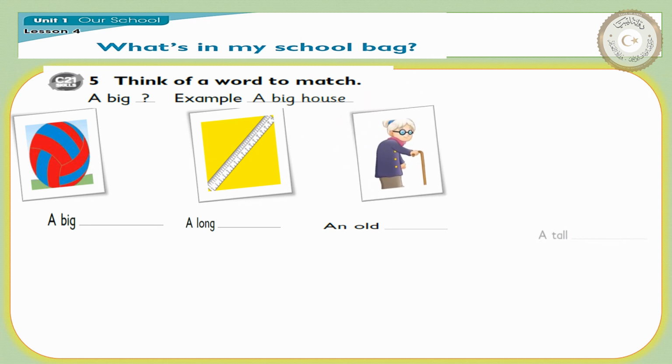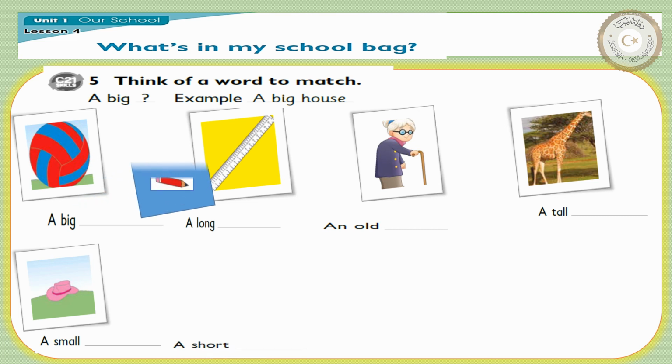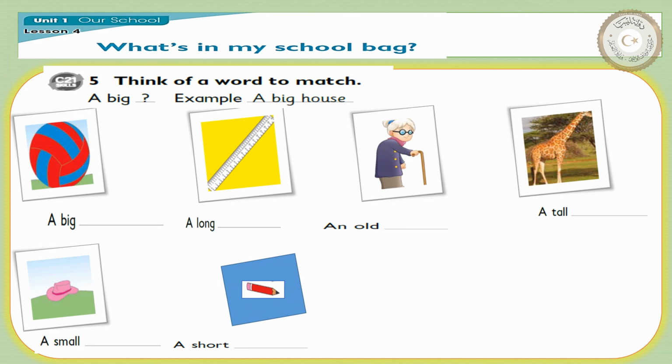What about this one? Tall. A tall what? A tall giraffe. A giraffe is a tall animal. Small. Small what? A small hat. It's very small. Short. Short what? A short pencil.